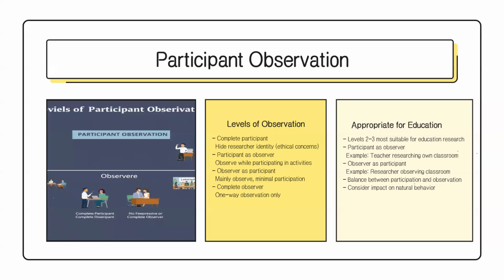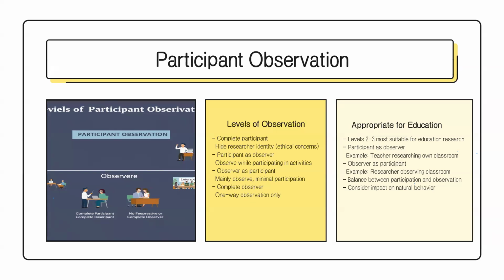At one end, complete participant: the researcher fully participates, hiding their identity, with ethical concerns about deception. Then participant as observer: you observe while participating in activities. You are open about your role as a researcher.